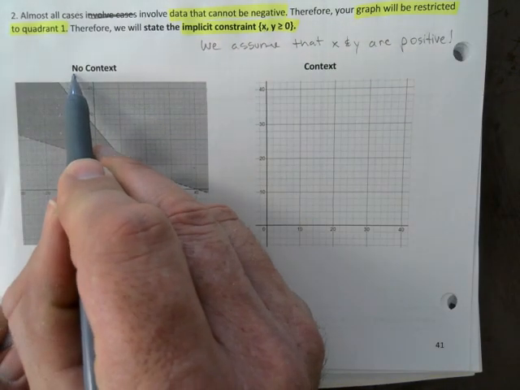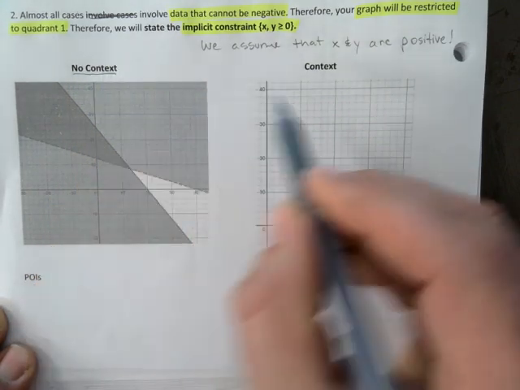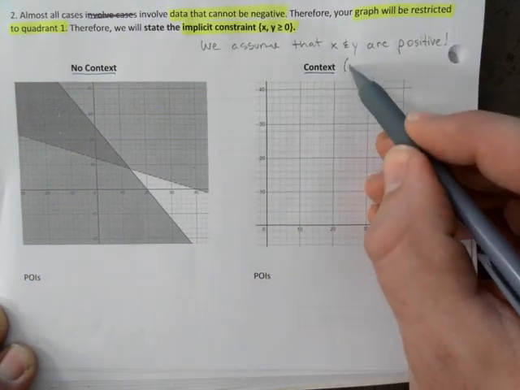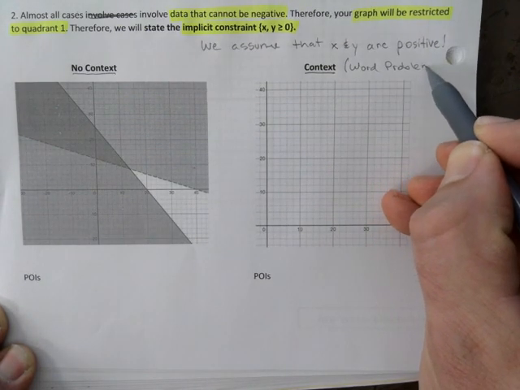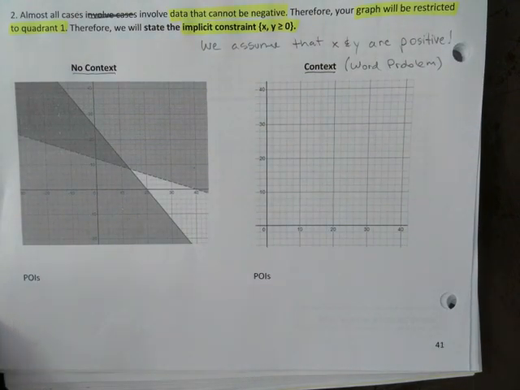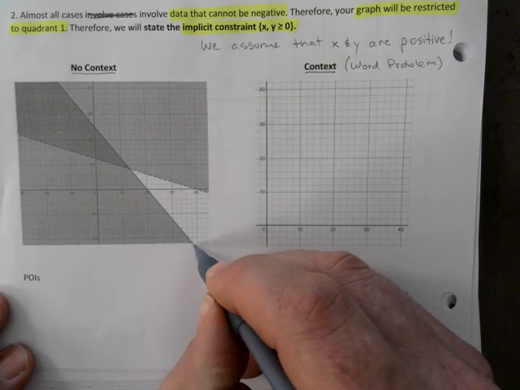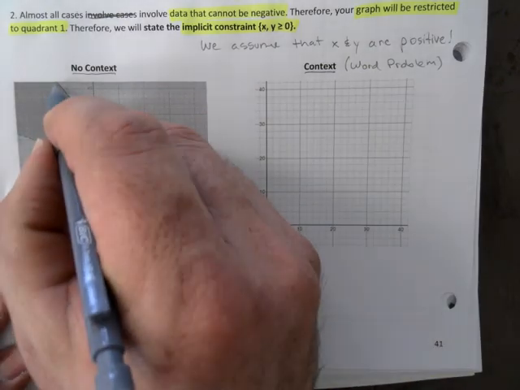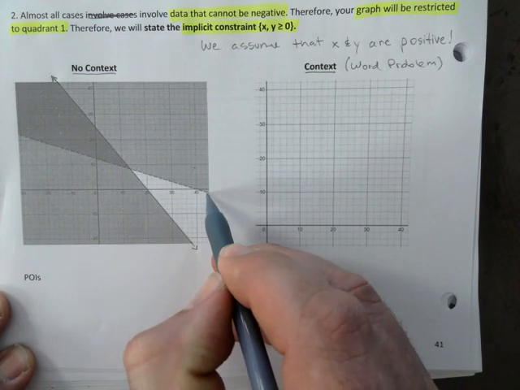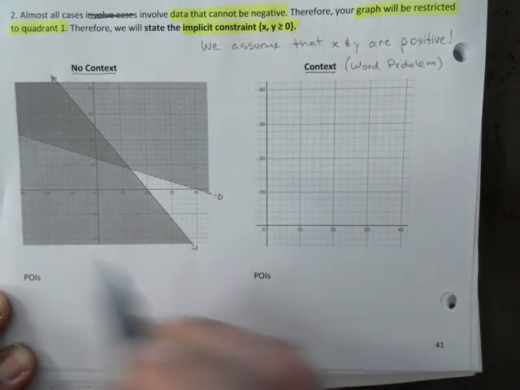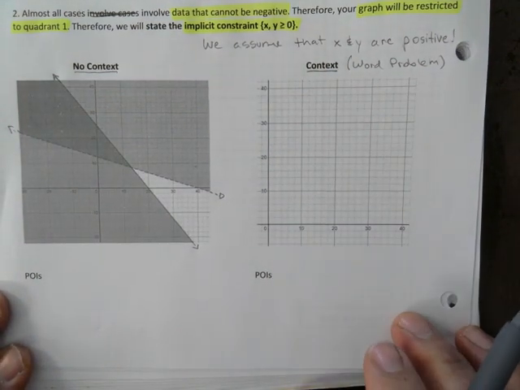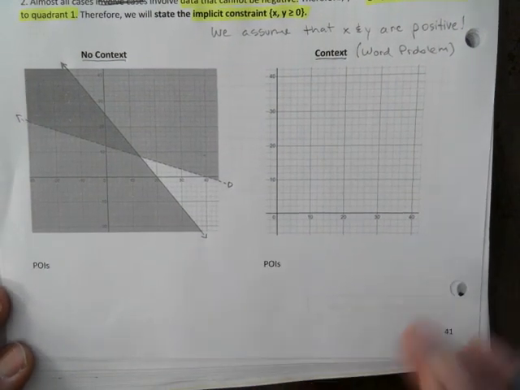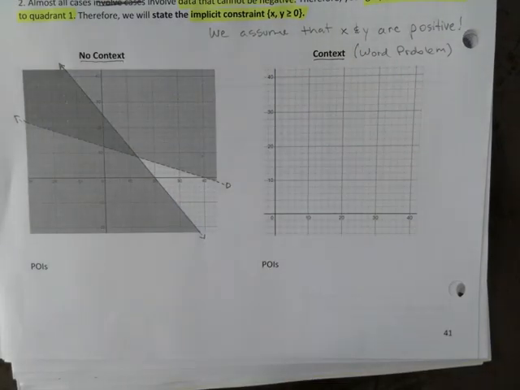So side by side, guys: no context, no word problem, versus context, word problem. How will they be different? Just like when we did the quadratic unit, as soon as you have a context around it, it changes. So let's make sure we put arrowheads on this one. All those dashed lines and solid lines go on forever. In this case, you only have one POI.